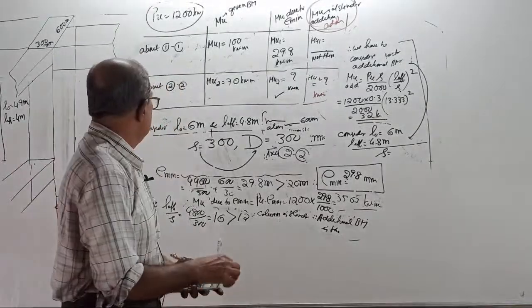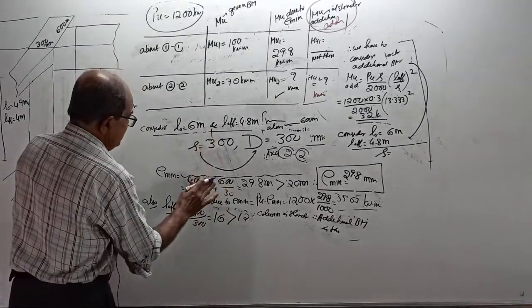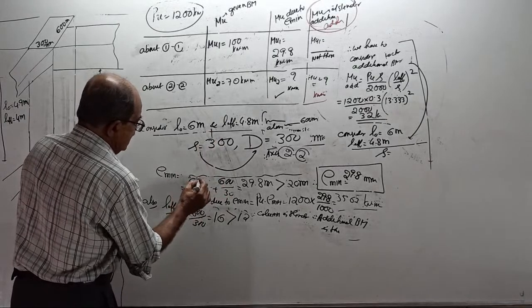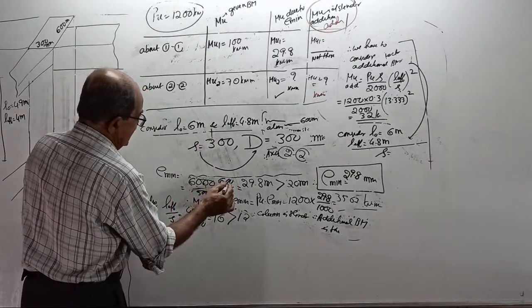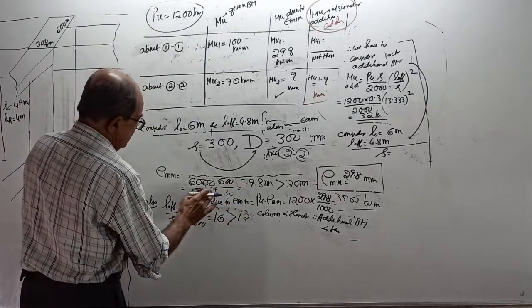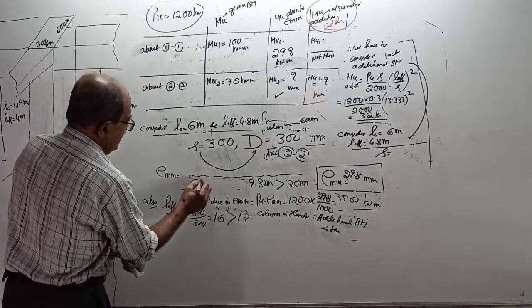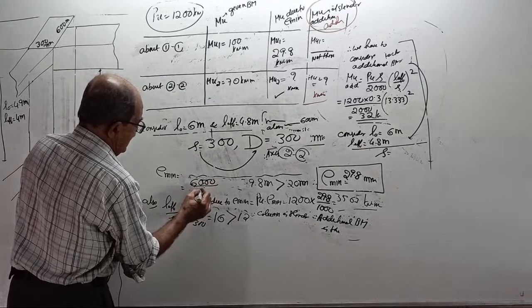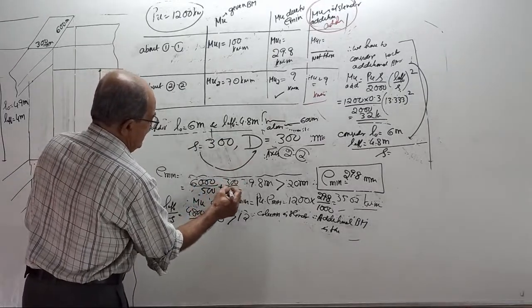See, next, consider E minimum. Unsupported length is 6 meter, 6000 by 500 plus side is 300, 300 by 30.